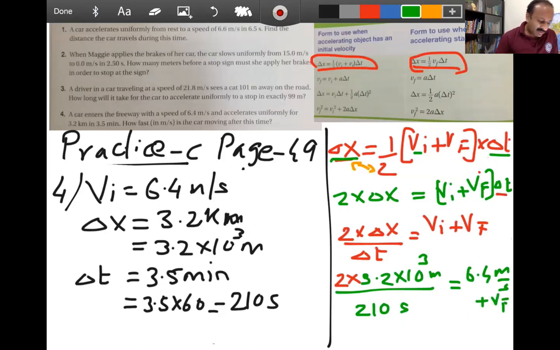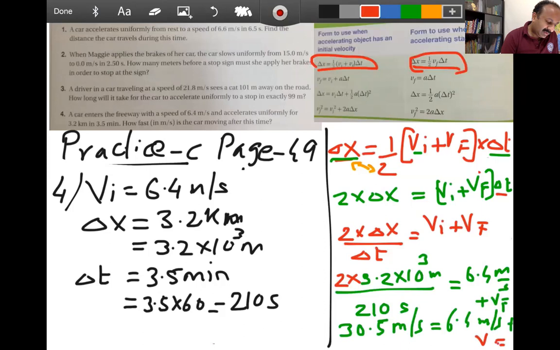So when you solve this, 2 times 3.2 times 10 power 3 divided by 210, that is 30.476. So you can round that to 30.5 meter per second equal to 6.4 meter per second plus vf.